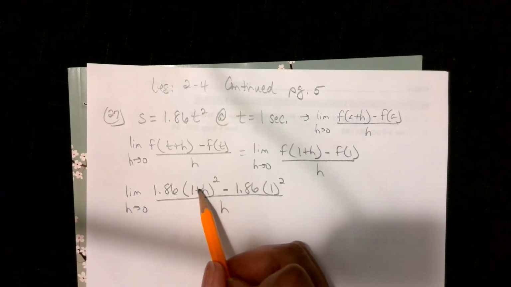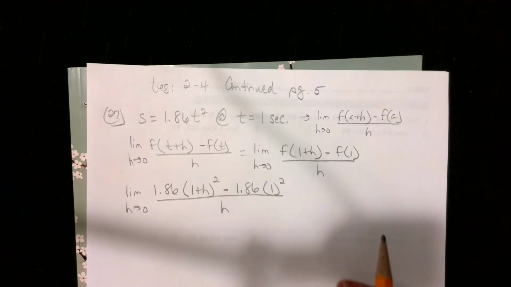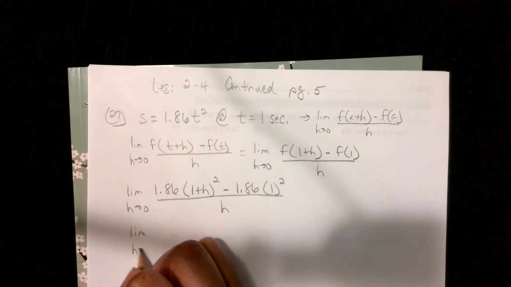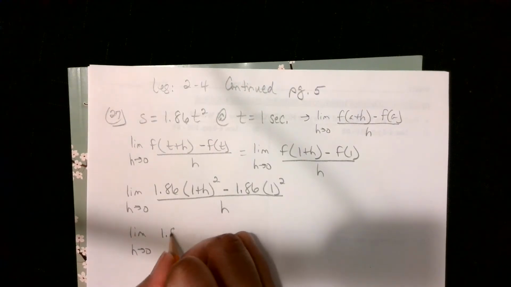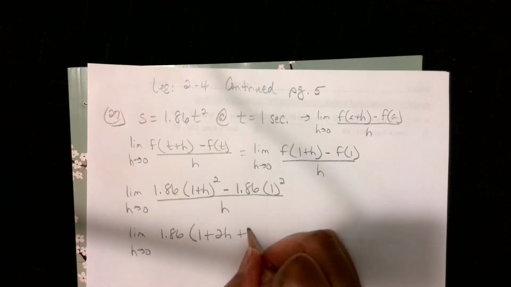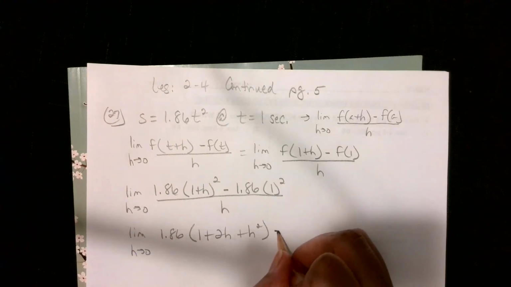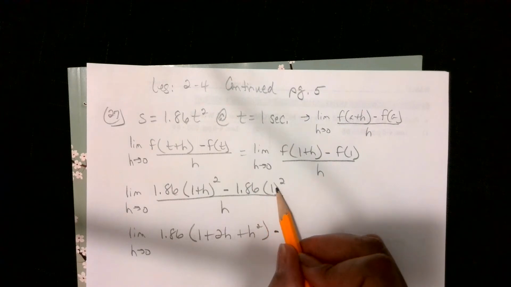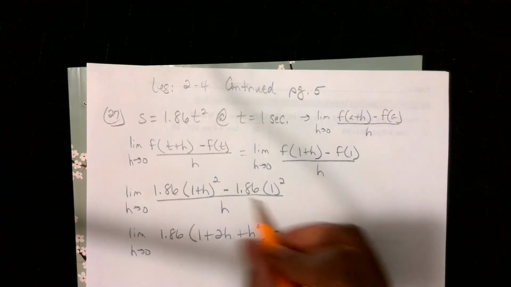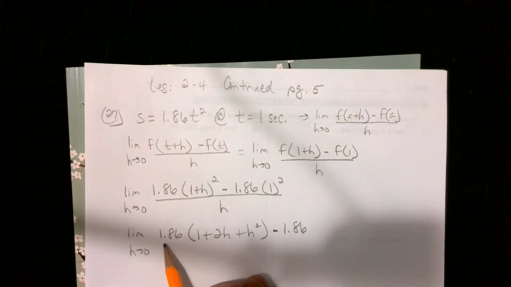So remember, this is 1 plus h times 1 plus h, so it's not 1 plus h squared. There's a middle term in there. So we get the limit as h approaches 0 of 1.86 times 1 plus 2h plus h squared minus, and then this is 1.86 times 1 squared, so it's just 1.86 times 1, so it's minus from the formula, and then you put 1.86 all over h.